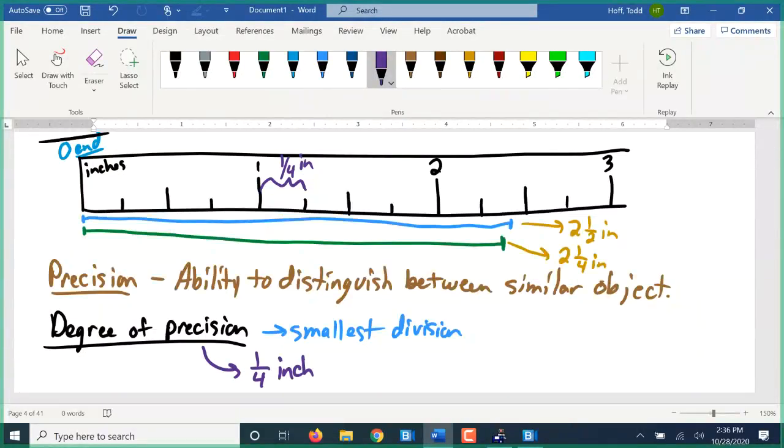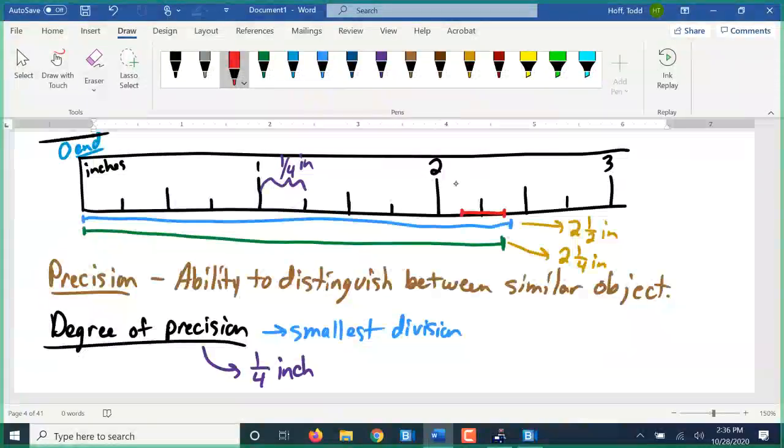But you will notice that that green line is not exactly on the 2 1/4, and the blue line is not exactly on the 2 1/2. They're simply closest to those. In fact, for the 2 1/4, anything between here and about here would have been measured as 2 1/4.